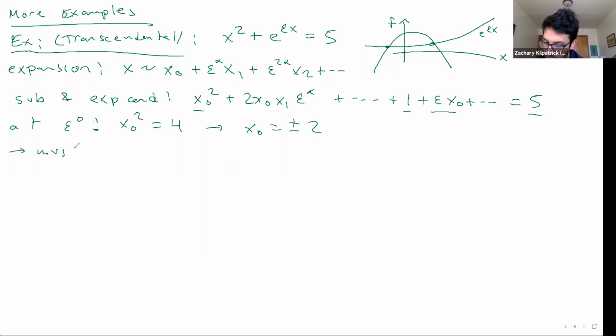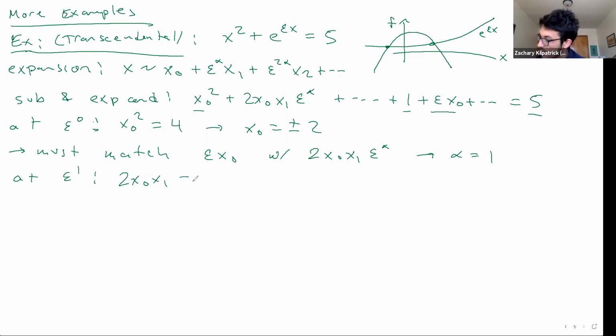So because I must match epsilon to the x0 with 2x0, x1, epsilon to the alpha, then we're going to pick just alpha equals 1. Okay, so at epsilon to the 1, I get 2x0, x1 equals minus x0. This implies that x1 equals minus a half.